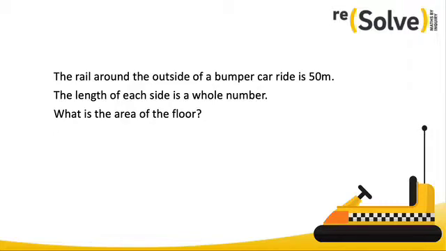Can this be done in more than one way? When you've found a rectangle that matches the criteria, I want you to calculate the area. You need to do that by multiplying the length by the width. When you've got an answer, write it down.